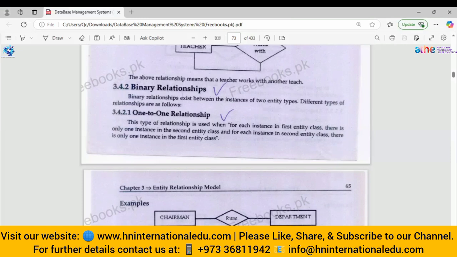You have purchased a specific book, and while you are studying it, no one else can read it because you are using it. So that is a one-to-one relationship. You read a book currently, and that book can currently be read by you only. Such a type of relationship is known as the binary one-to-one relationship.